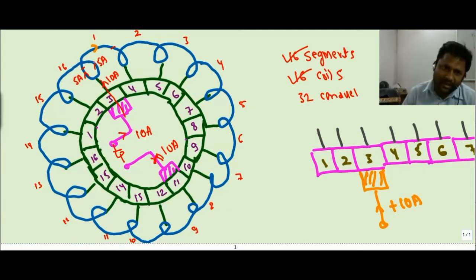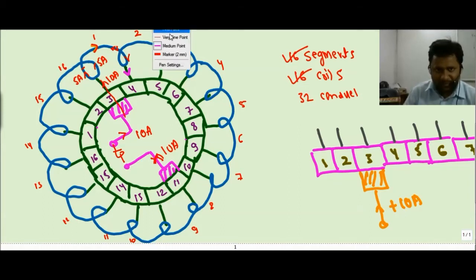But here we see that this 5 ampere has no path, because no brush is connected there, so it moves onward along the coils.